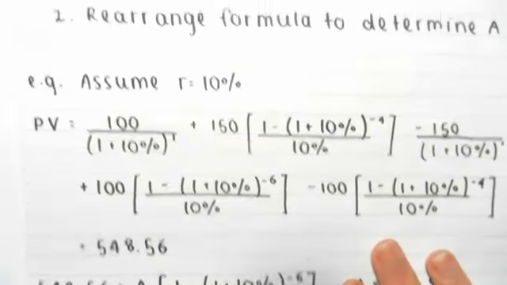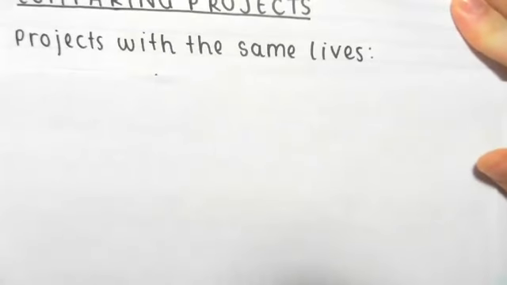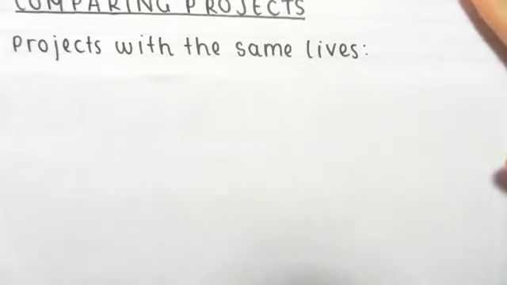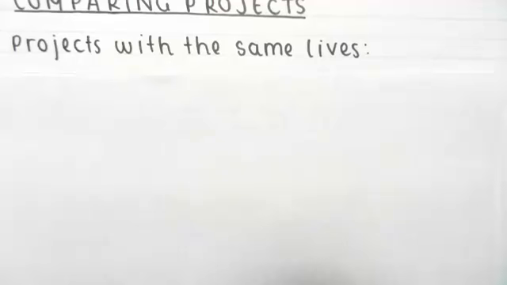Now this is an important concept when we're comparing projects. In the simplest form, we have projects with the same lives. What I mean by that is that every project has what we call a useful life. There's only a certain amount of years for which a project or a piece of equipment can be serviceable.